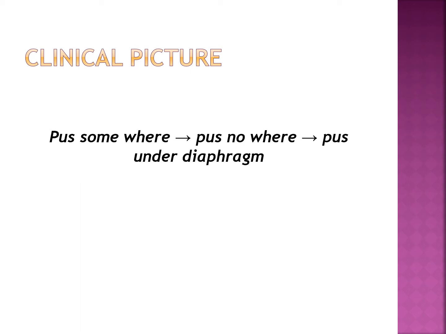If there is pus somewhere in the abdomen, you could find it. If you couldn't find this pus anywhere, it is usually pus under the diaphragm. It is usually a subphrenic abscess.